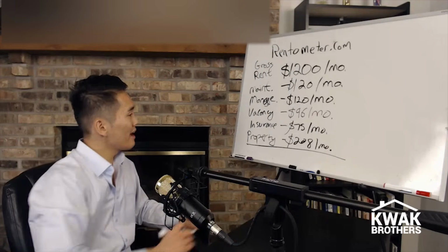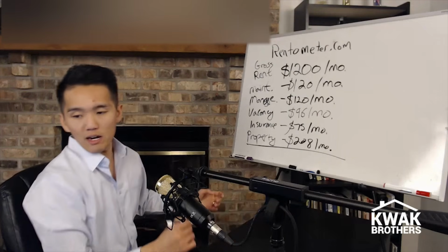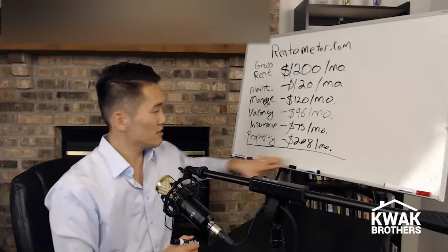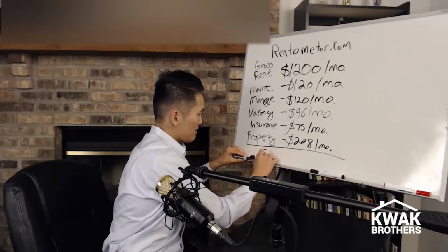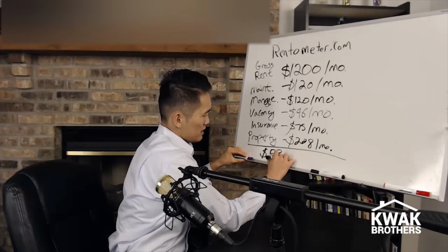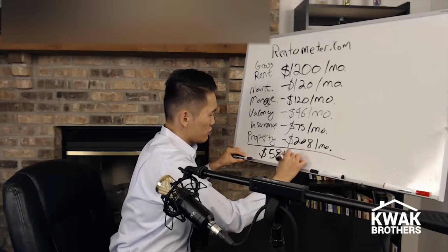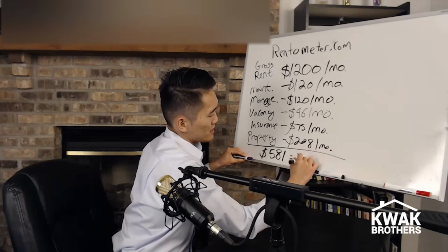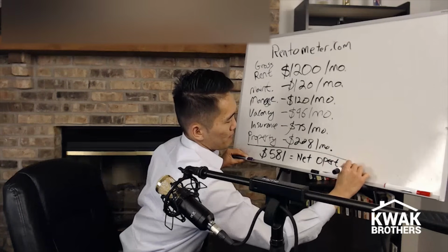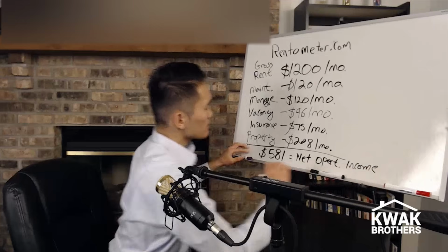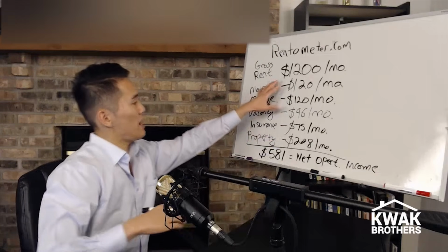So what we get is a net, and I'll write that further down here so that you guys can see that. So 581, excuse me, is your net operating income. So this is a number after you have subtracted all your expenses.